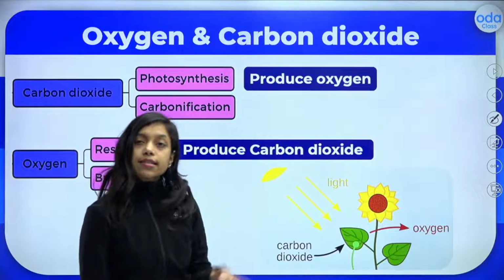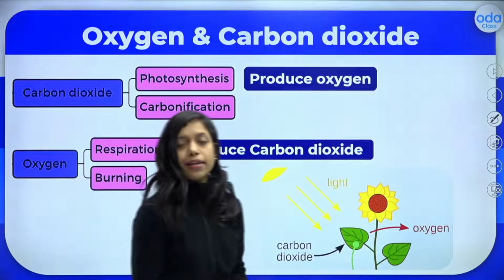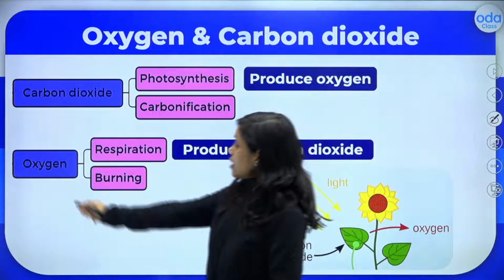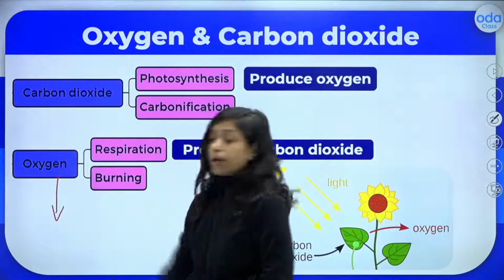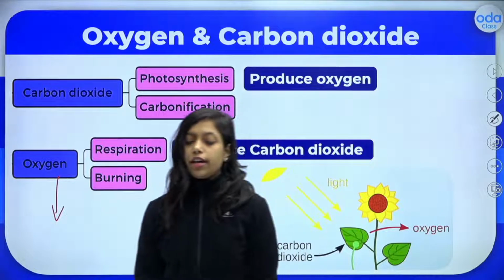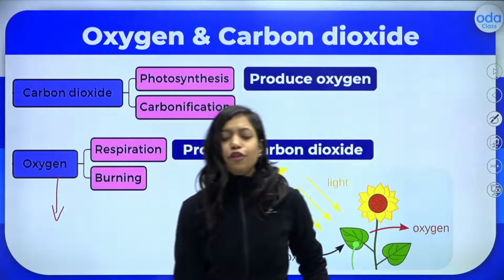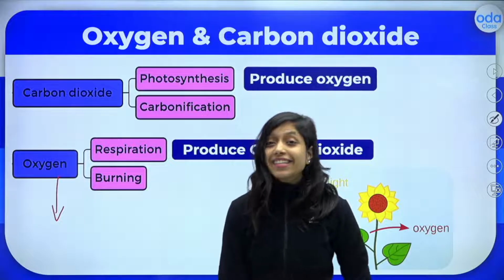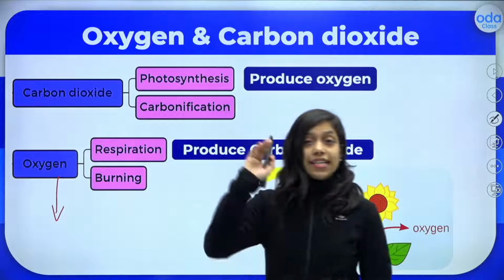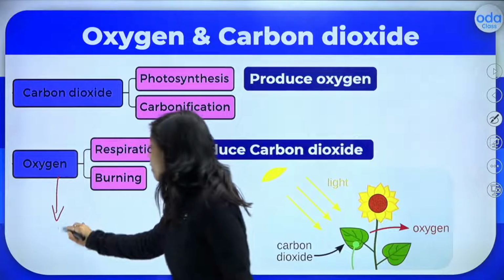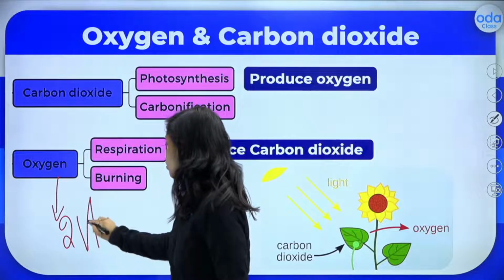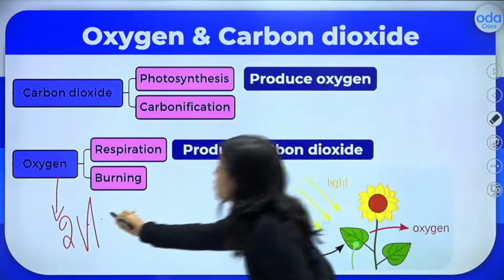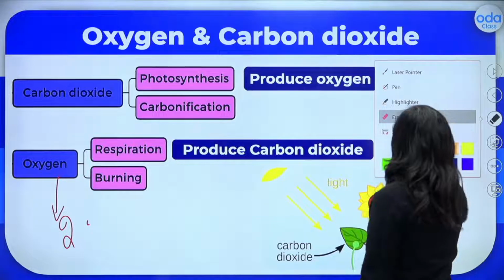Now coming to the next two primary gases, that is oxygen and carbon dioxide. How much percentage of oxygen is there? Can you comment in the comment box quickly? Very good. Some of you are commenting wrong also. Please check that. 78% nitrogen, 21% of oxygen, right? 21% of oxygen, I hope you know this.